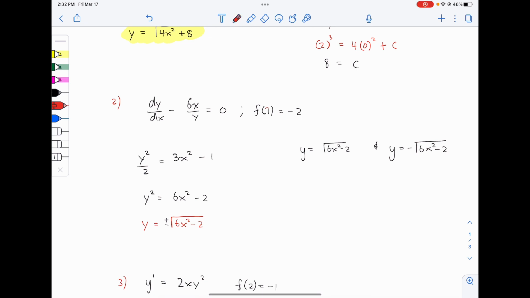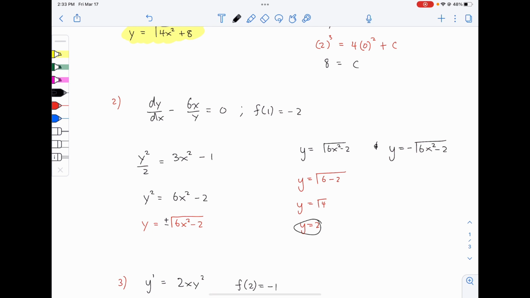Over here, if I plug in 1 into the x, I get y is equal to the square root of 6 minus 2, y is equal to the square root of 4, y is equal to 2. But this completely contradicts what we're given. If I plug in 1, I should get negative 2.